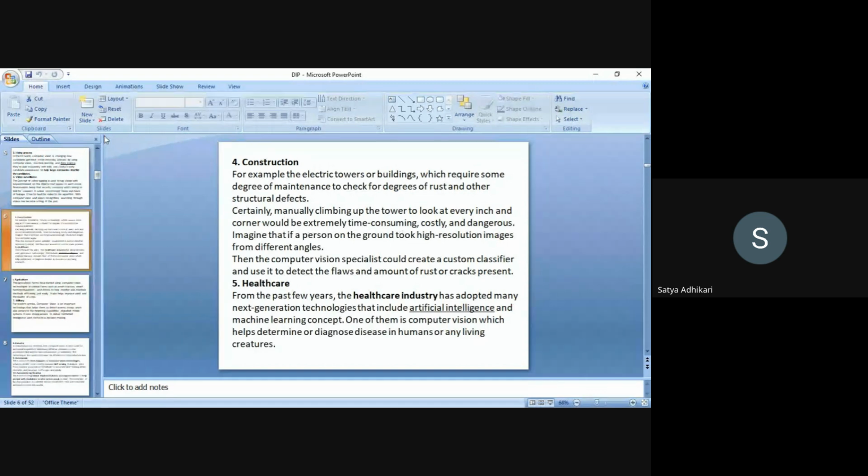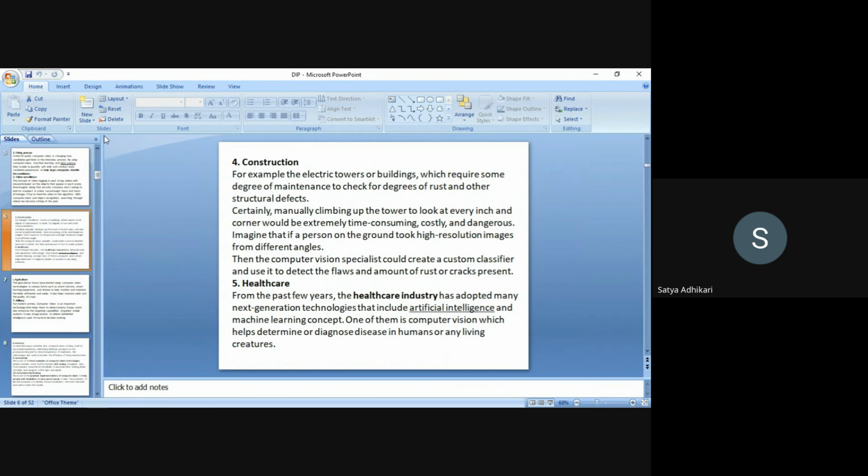So instead of climbing, we take high resolution pictures, and then the specialist will check which part is damaged, which parts need maintenance or repair, and the cracks or rust present in the iron tower. So it will be easily determined.